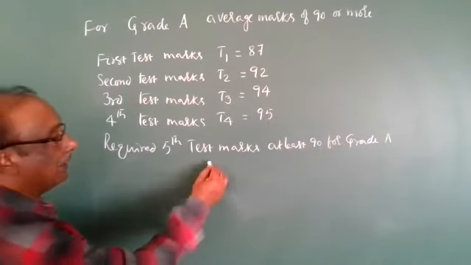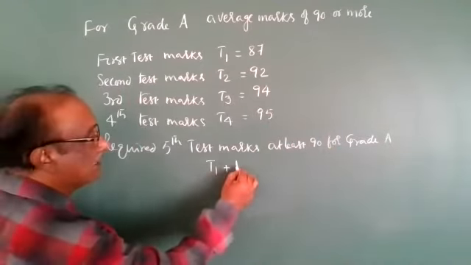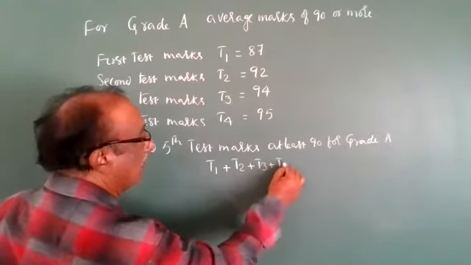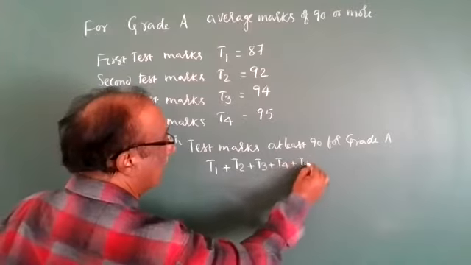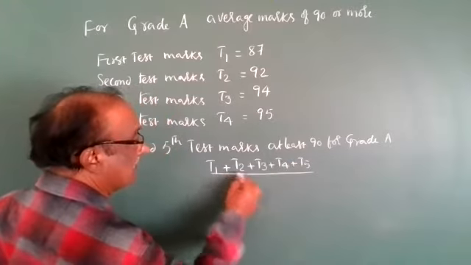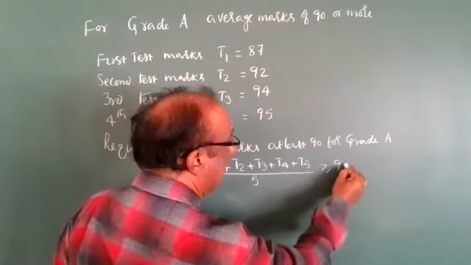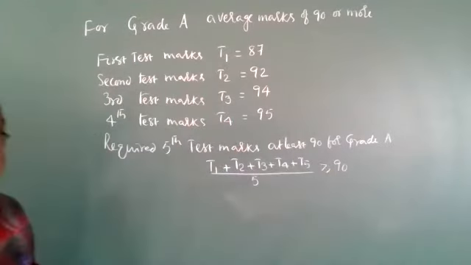So now I will write: T1 plus T2 plus T3 plus T4 plus T5, divided by 5 tests, is greater than or equal to 90.